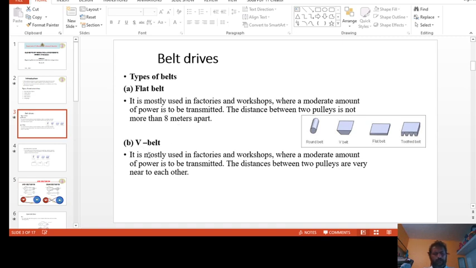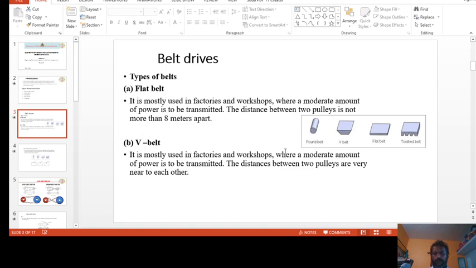And the other common type of belt is the V belt. It is mostly used in factories and workshops where a moderate amount of power is to be transmitted. The distance between the two pulleys is very small, not more than 1 meter or 1.5 meters.